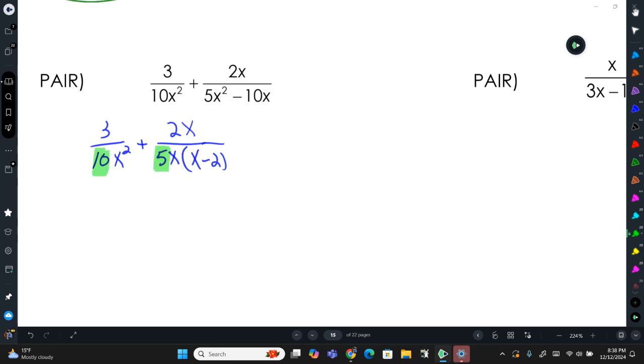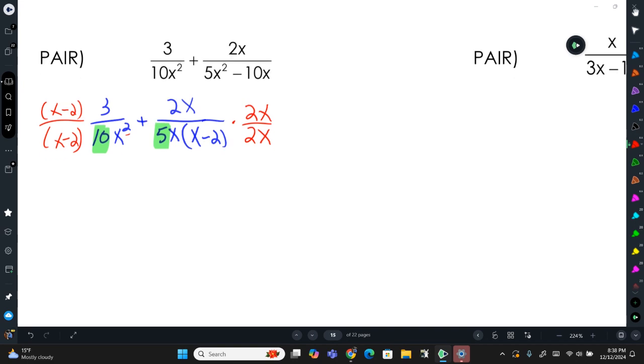If I multiply that 5 by 2, I get 10. So I can multiply this second fraction by 2 over 2, but I also have to multiply it by x because there's an x squared and I only have x to the first power. So I'm going to multiply by 2x. The first fraction I'm going to multiply by x minus 2 over x minus 2.